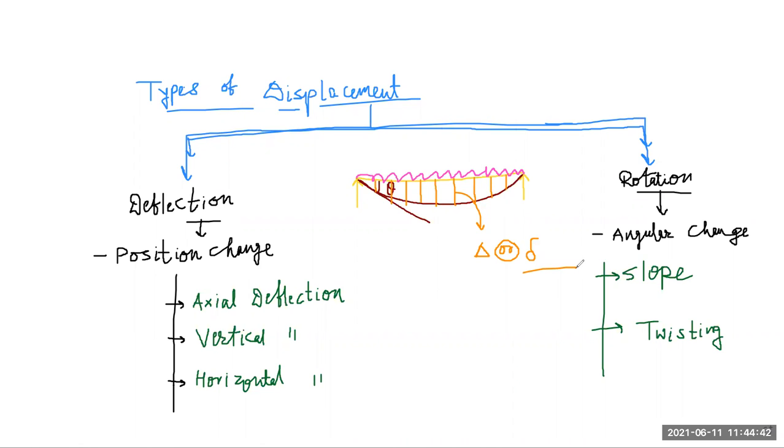Deflection means position change. Here you see your straight profile position will change to curve profile. So basically a point P which is here will come here. So this is the position change of point P. This P comes here because this is on the straight profile, and this is on your curve profile.